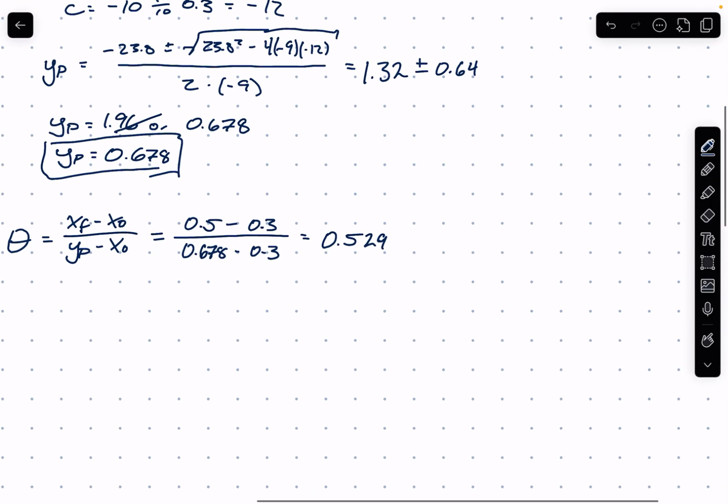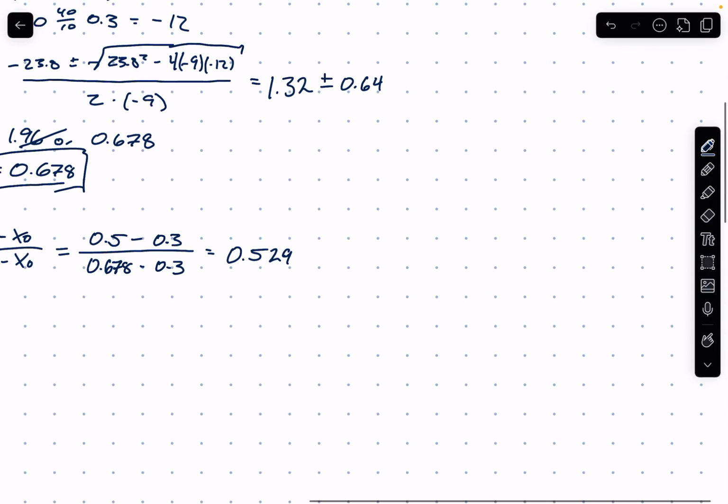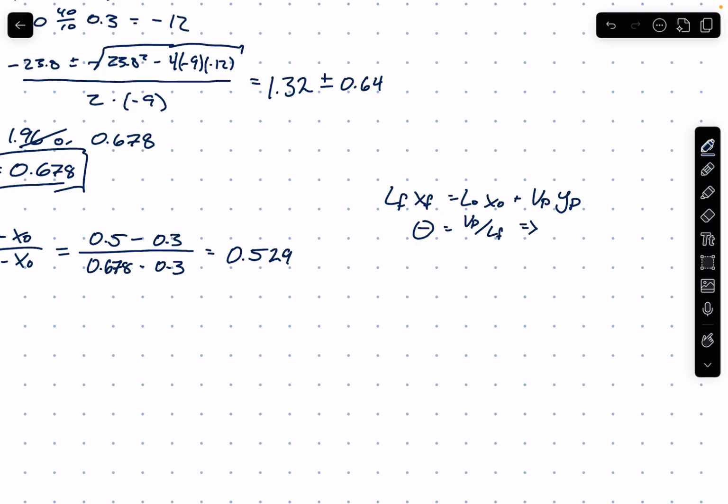This theta comes from our mass balances. We have LF xF is equal to L naught x naught plus VP yP. This is the mass balance on our component. We have that theta is defined to be the permeate over the feed. This gives us that VP is equal to theta LF.